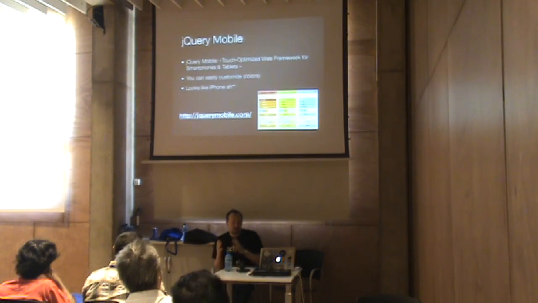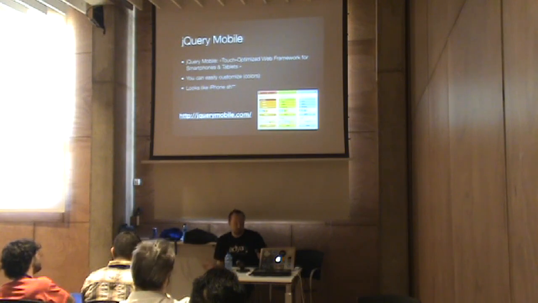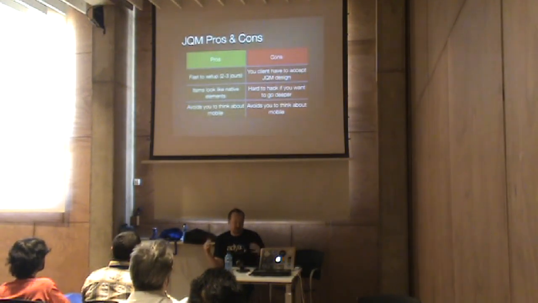Well, jQuery Mobile is a touch-optimized web framework. Everybody knows it, I think, and you can easily customize it. I mean, only colors, because if you go deeper, it's kind of complicated, and it looks like iPhone. I mean, everybody is using that. It's fast to set up.